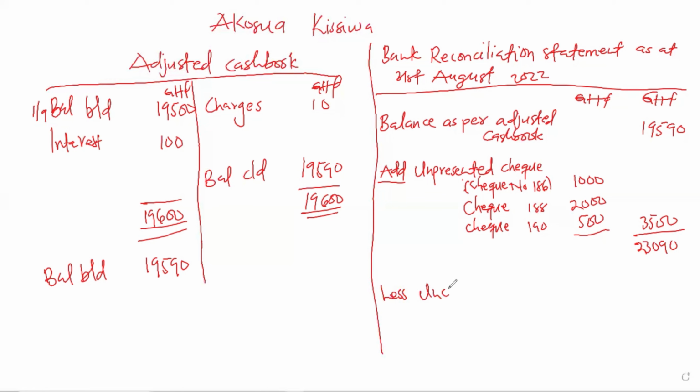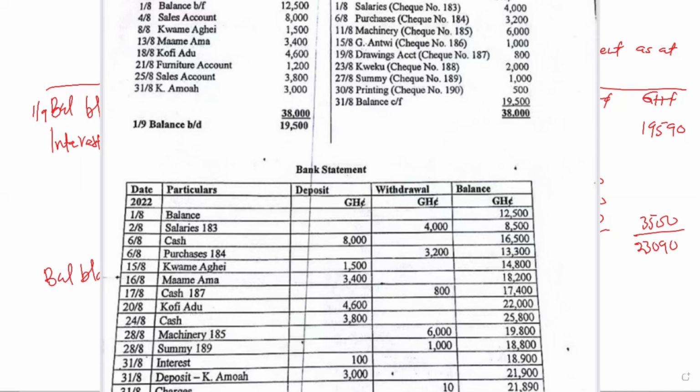So now let's find our uncredited checks, which we have to deduct. We move to the debit side of the cash book and check from there to the deposit side of the bank statement.